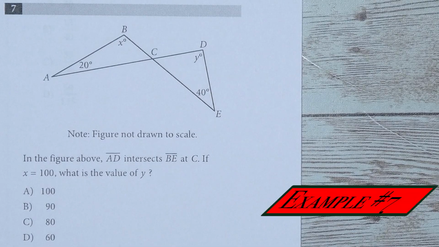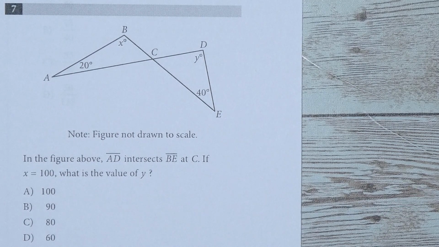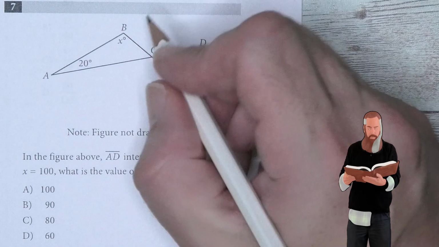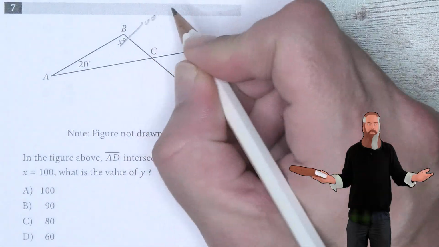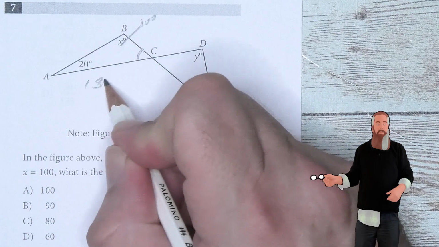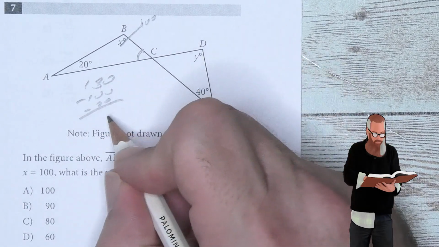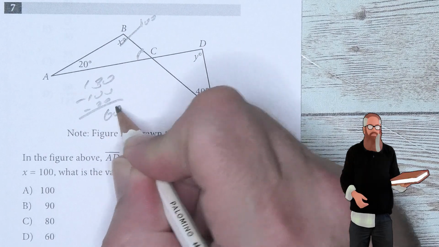It's important to note that this figure is not drawn to scale. In the figure above, AD intersects BE at C. If x is equal to 100, what is the value of y? Well, if x is 100, then what we can say is this angle right here is 180 minus 100 minus 20, which means that we're winding up with 60 degrees.